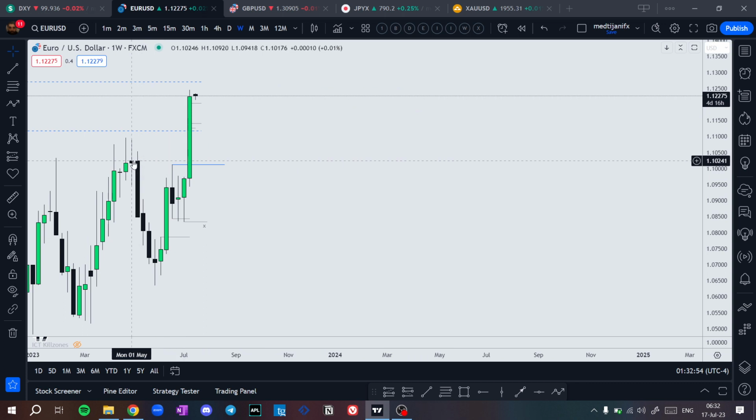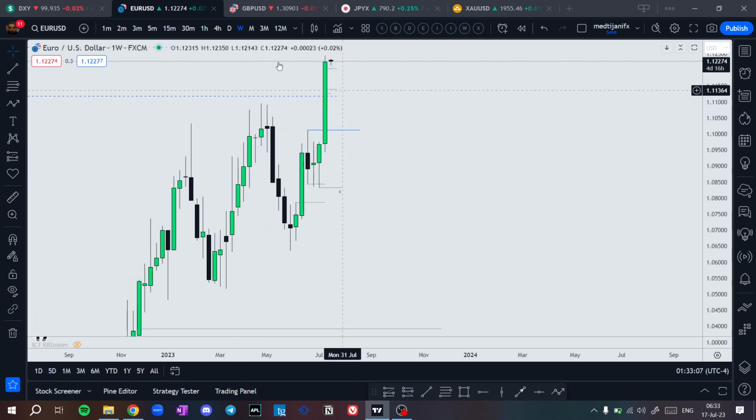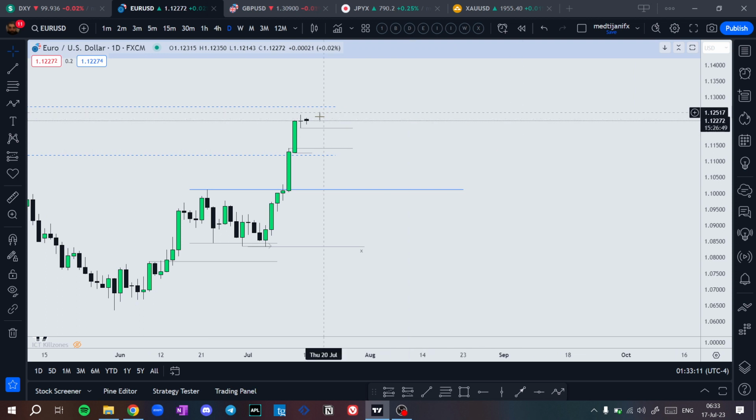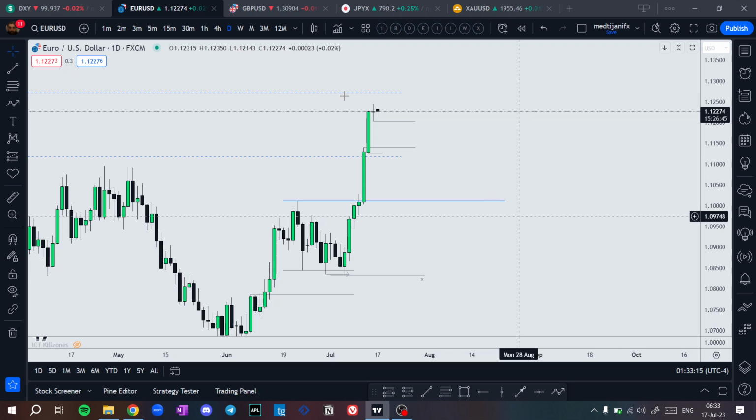Something like this, or this, the open of the mitigation block here. We have these candles here as a mitigation block. It didn't take this low, so price could just easily drop lower to the mitigation block then go higher. But the Monday candle is gonna confirm where price is really going, right?